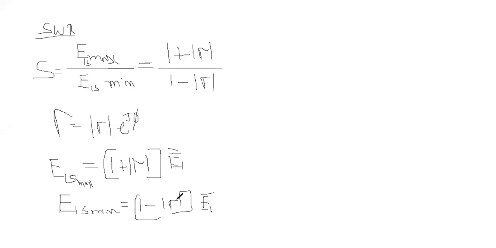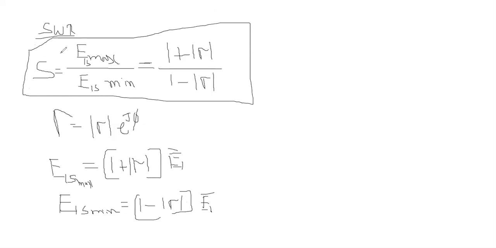Taking the ratio between these two, 1 plus the reflection coefficient magnitude by 1 minus the reflection coefficient magnitude, gives the relation between S and the magnitude of the reflection coefficient: S is equal to 1 plus the reflection coefficient by 1 minus the reflection coefficient. Taking componendo and dividendo, the reflection coefficient becomes S minus 1 by S plus 1.